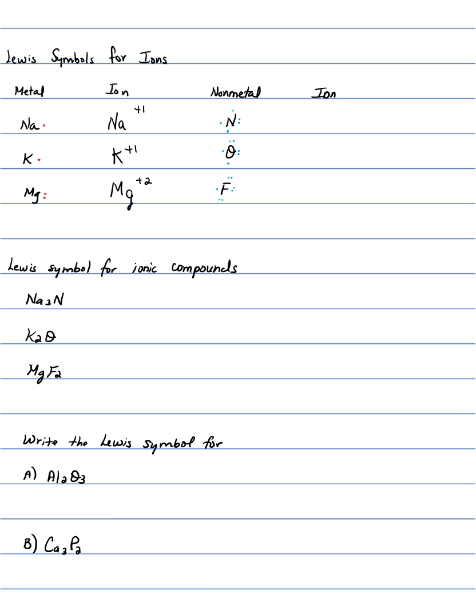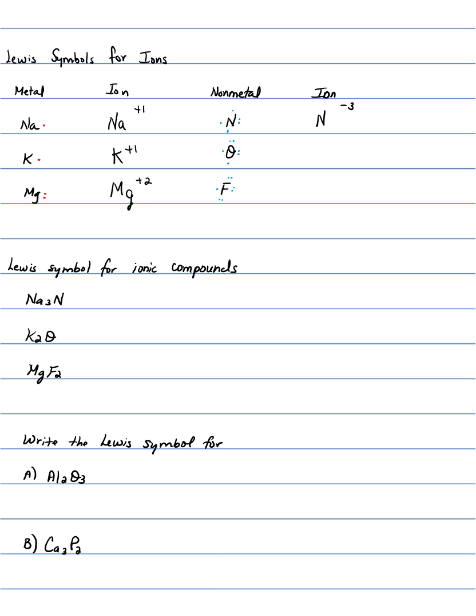So nitrogen has 5 valence electrons. Since nitrogen is in group 5, it will form ions with a charge equal to -3. So the ion of nitrogen will look like this: nitrogen -3.